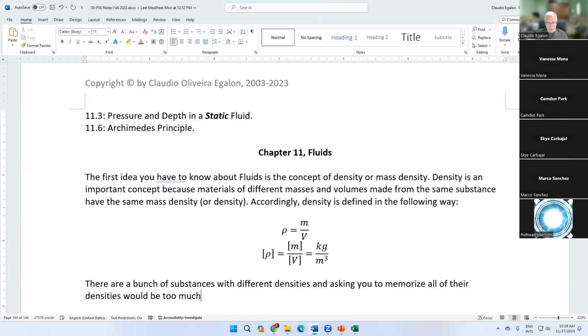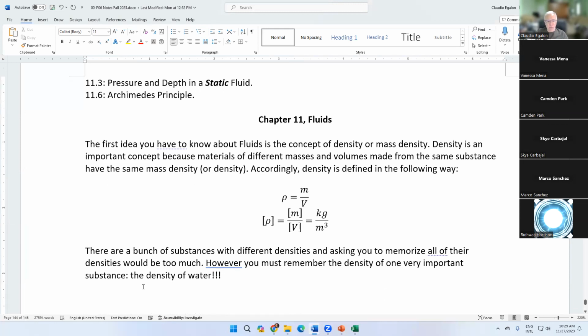However, you must remember the density of one very important substance. Not only is the substance very important, but its density is very easy to memorize. The density of water. Can you remember that? The density of water is easy. It's very easy to memorize.